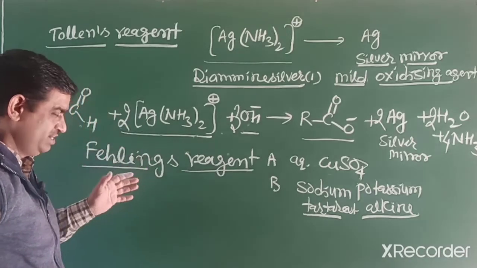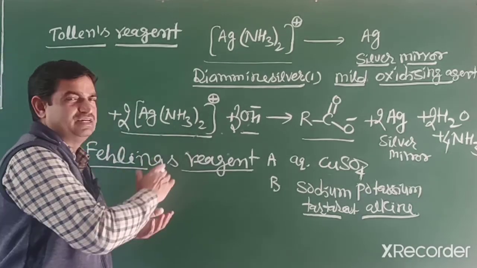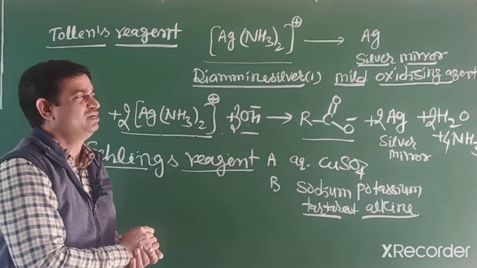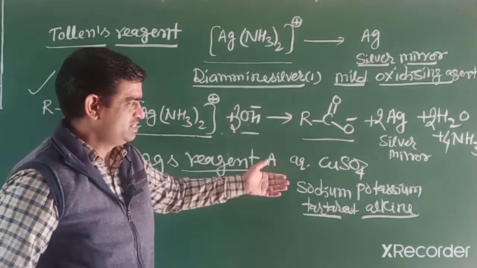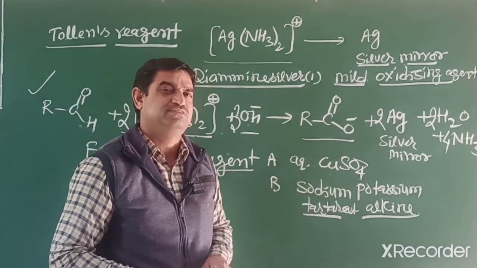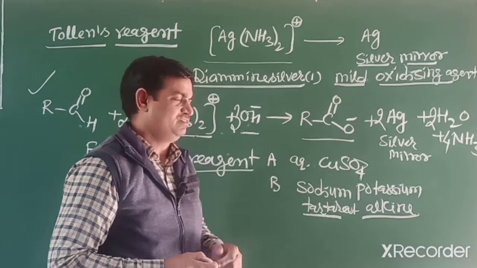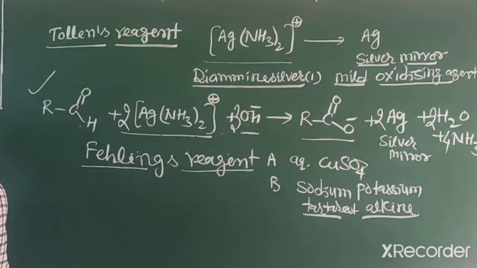aldehyde. So when we heat the aldehyde in basic, alkaline medium, we get a reddish brown precipitate in this reaction. So how can we write this reaction?